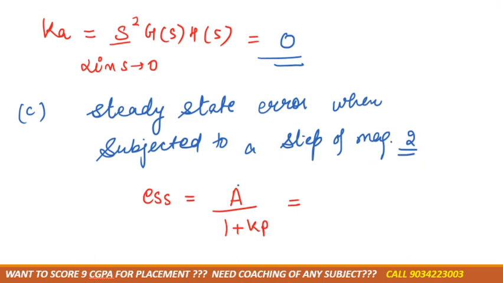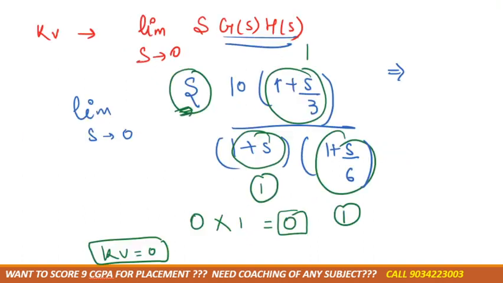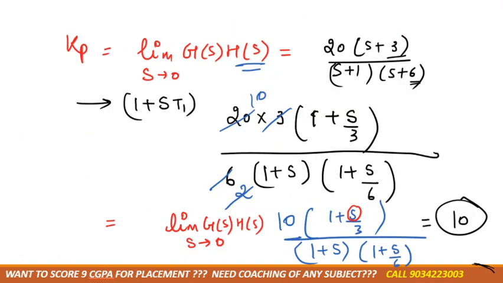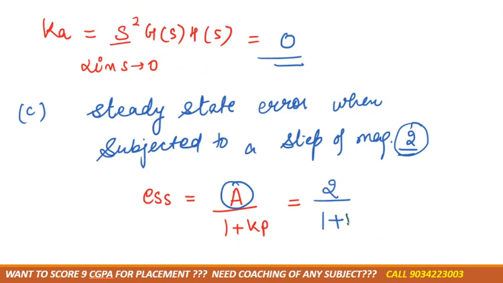A is the magnitude that they already gave you, that is 2, divided by 1 plus Kp. Kp we already got, that was 10, right.